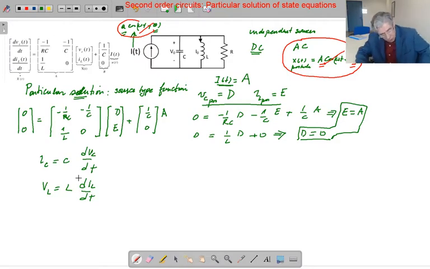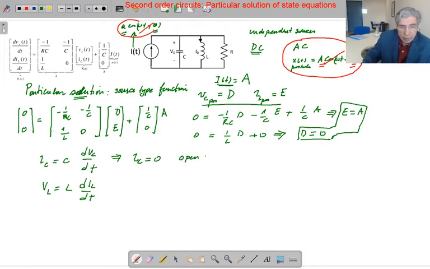As we said, the particular solution is the solution in the form of the independent source. So the VC particular solution is going to be a constant. So when you take the derivative of it, the derivative of a constant is 0. So IC is equal to 0. That means open circuit.